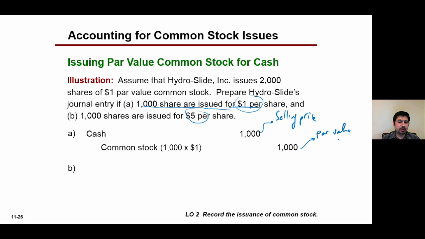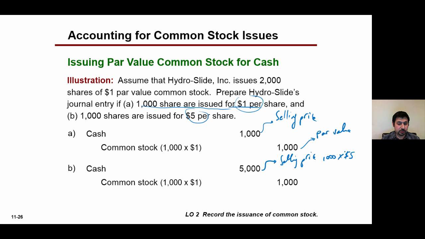For B, the company will be receiving 1,000 multiplied by 5, that will be $5,000, again based on the selling price. So the company will debit cash 5,000 and credit common stock, once again, 1,000.